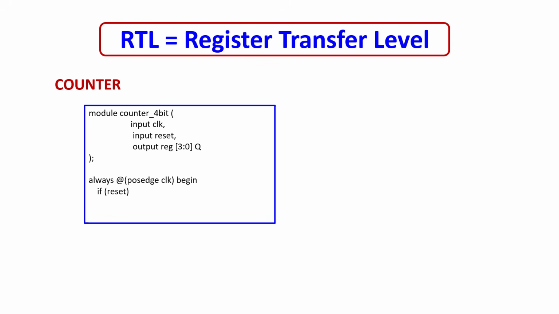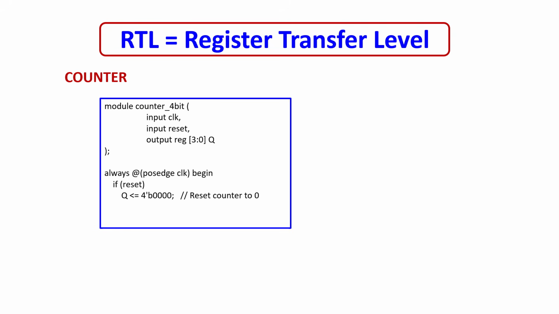If reset, in this if, if reset is equal to 1, what does it do? It clears everything. Look at this. Here, Q is the name given to the signal, and <= is for non-blocking assignment, and 4'b0000, where b is for binary. Now the condition is reset equal to 1.